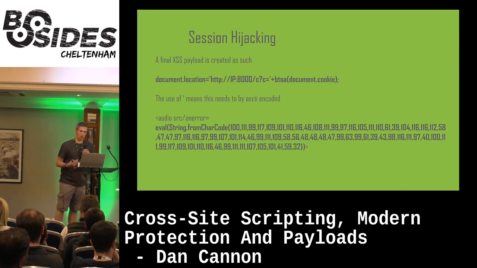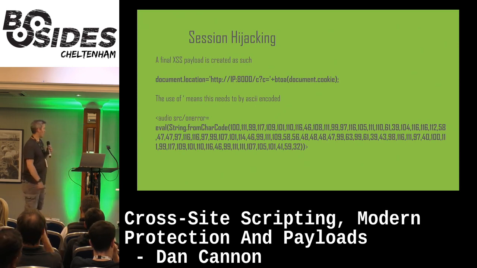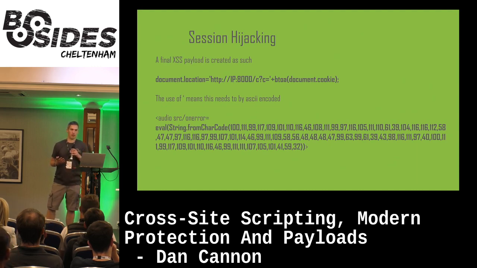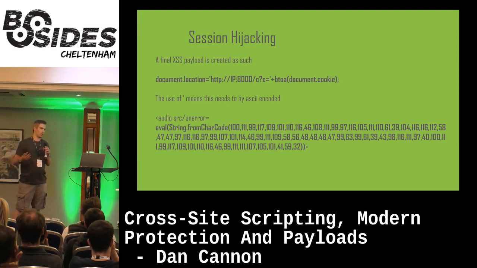We can then ASCII encode different payloads that we need, and we can focus on the fact that something like audio source onerror, and that big long string there, is something that will achieve a real tangible impact to data security and application security, regardless of any process an application developer has bolted on to the end of their development by saying, I've made an application, bugger, it's vulnerable.